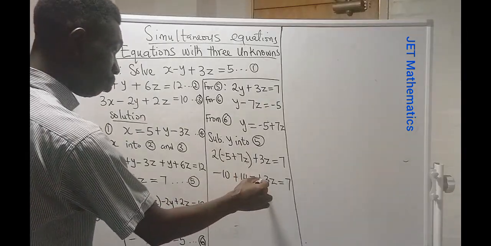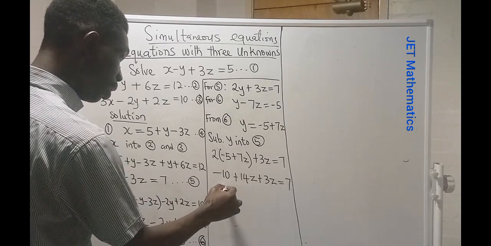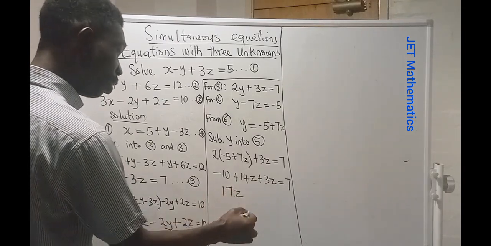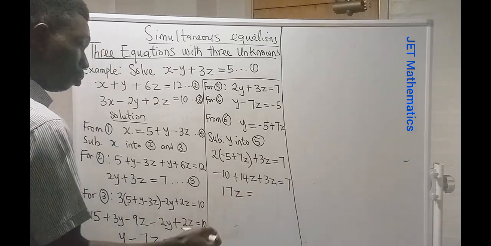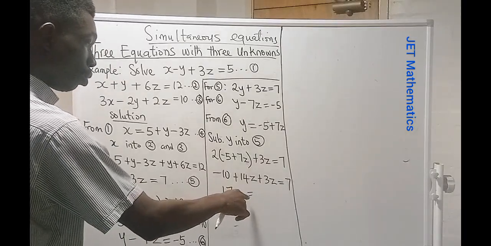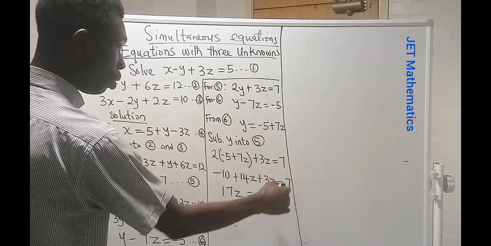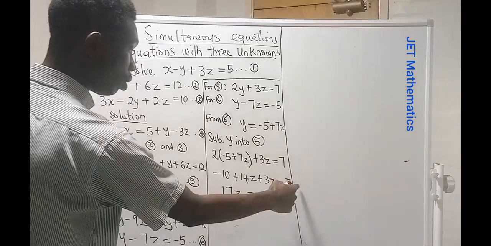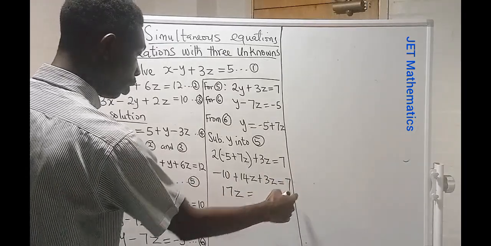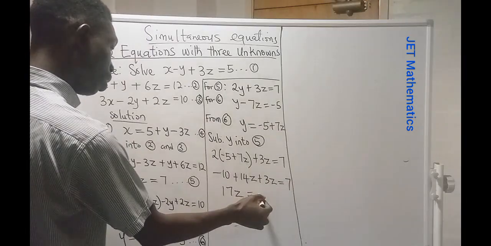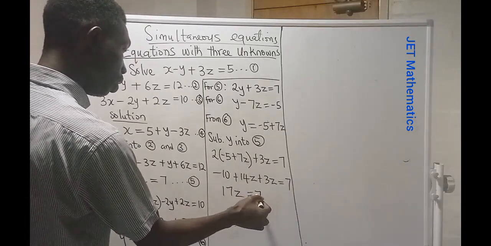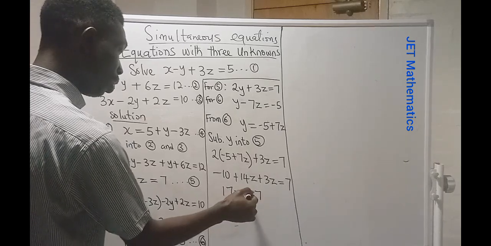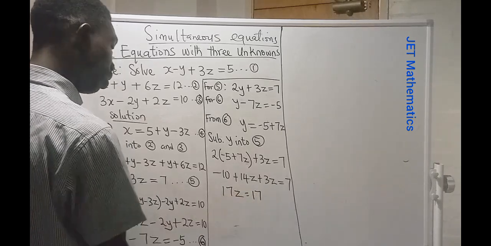So 14z plus 3z is 17z equals, taking minus 10 this way becomes plus 10, so 7 plus 10, that gives us 17.